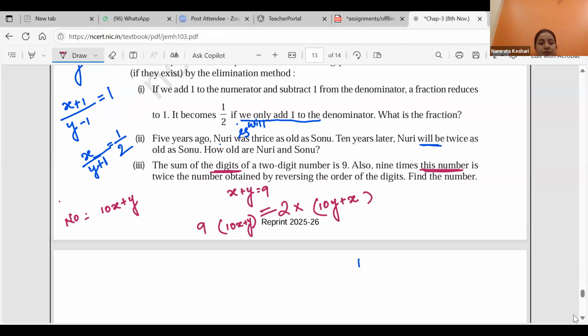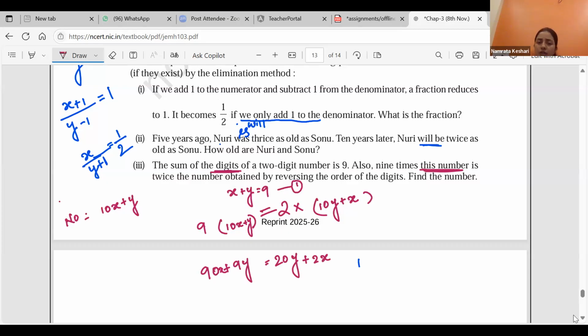Yes, ma'am. Okay, equation number 1 you can see clearly over here. Equation number 2, you can do the multiplication. You will get 90x plus 9y is equal to 20y plus 2x, and then you can do the simplification. You can take all the x on one side.